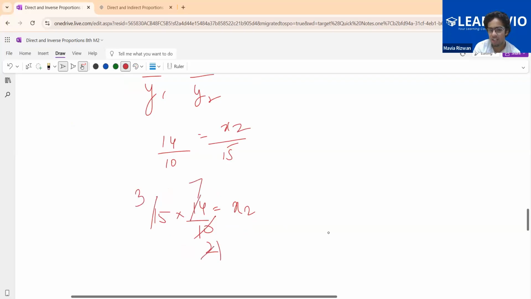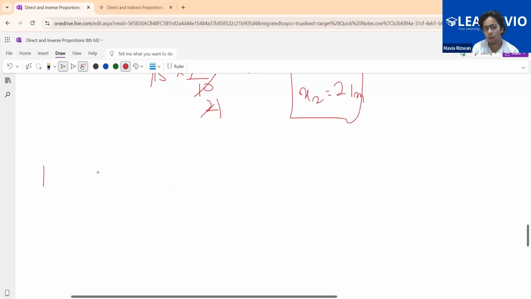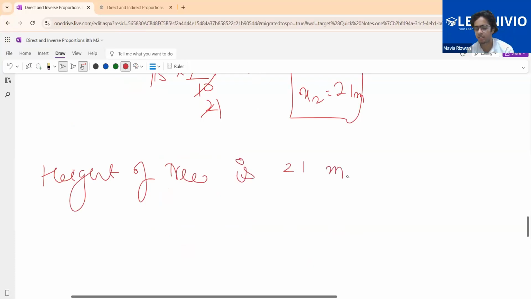So x2 is 7 into 3, that is 21 meters. Therefore, the height of the tree is 21 meters. Is this clear, guys?